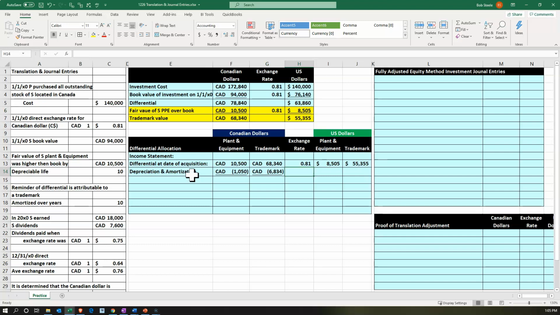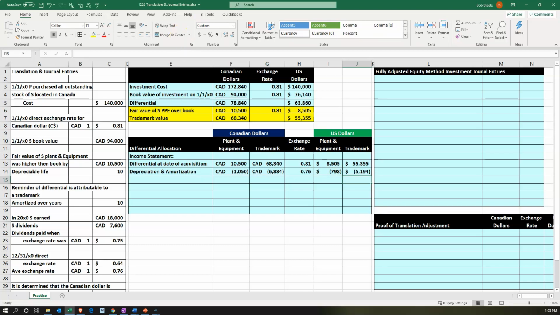But it makes sense to use this rate for the initial purchase, and then it makes sense to use the average rate for the income statement because we're picking the rate that makes the most sense, like the average rate over the time period that's covered. So the average rate we have down here is at 0.76. So if we multiply that out, we're going to say, all right, there's the 1,050 times the 0.76, and then we're going to be picking up the 6,834 times the 0.76, and there's our breakout there.